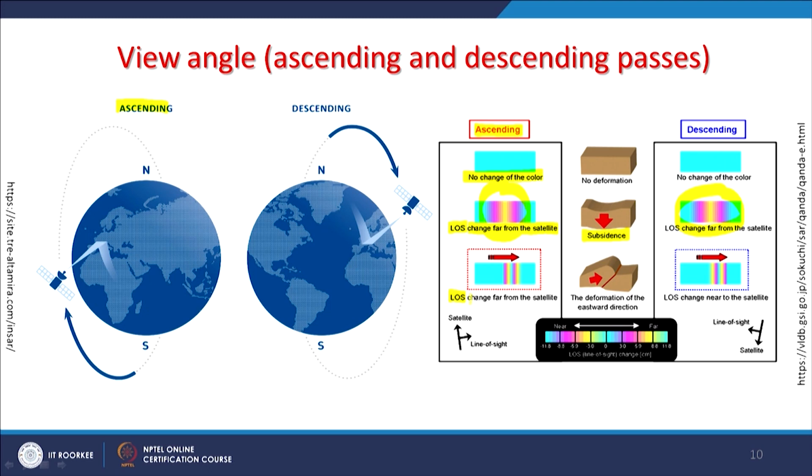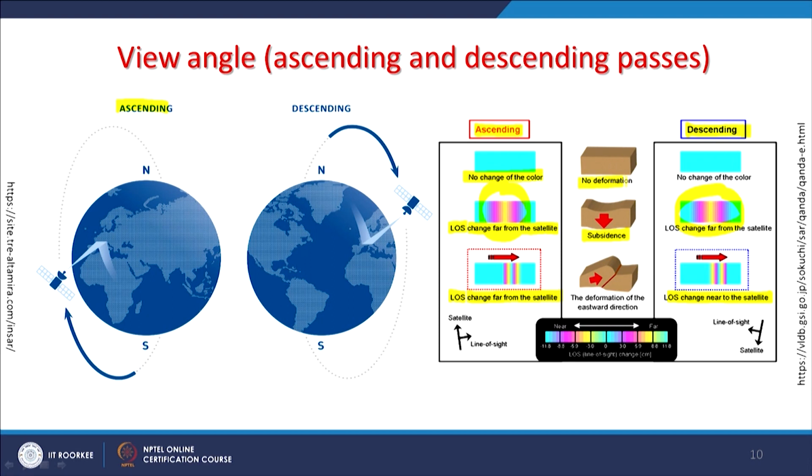However, when we see the change away from the satellite, this LOS change, and there are multiple fringes, then the fringes will have different colors, which you can see in the pattern. If I go from left to right, I have different colors: cyan, magenta, yellow. Here I have yellow, magenta and cyan. That way I can see the changes due to the ascending and descending passes.